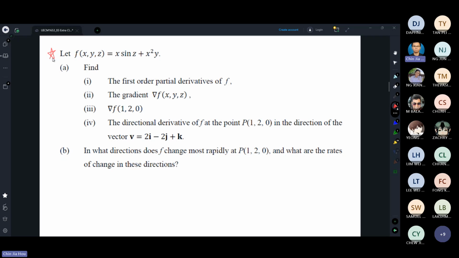If you can answer this question, you more or less have done the majority of the important things in this chapter. So we have a function here. First, part A1 is to find the first order partial derivatives. So let's do that.